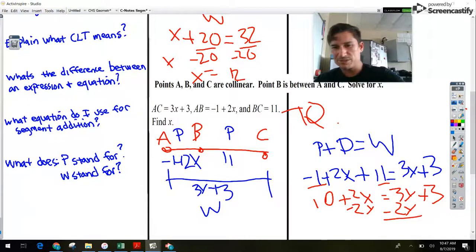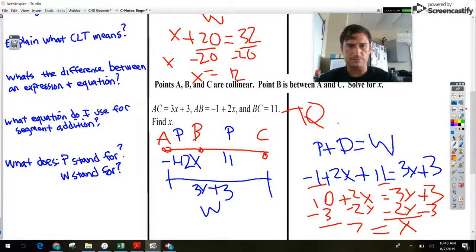And then with the numeric terms, jump the equal sign, you've got to do the opposite. Plus 3 turns into a negative 3. So we have x equals 7. It wants us to find x, so x is 7.